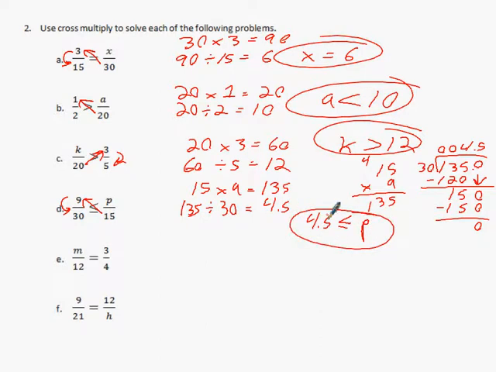E. 12 times 3 is 36 divided by 4 is 9. M equals 9.